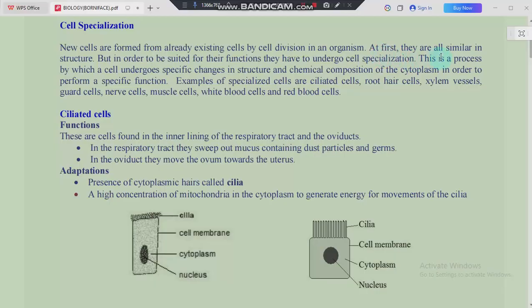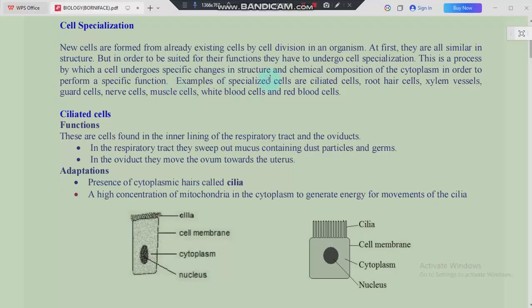At first, they are similar in structure, but in order to be suited for their functions, these cells have to undergo cell specialization. Cell specialization is simply a process by which a cell undergoes specific changes in its structure as well as the chemical composition of the cytoplasm. This is in order to perform a specific function.